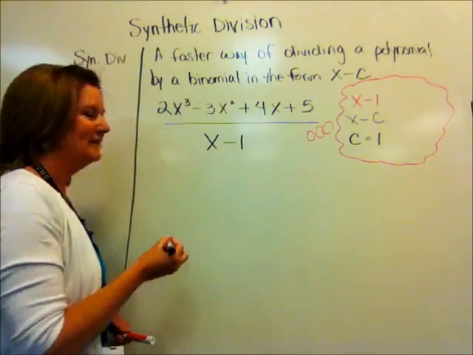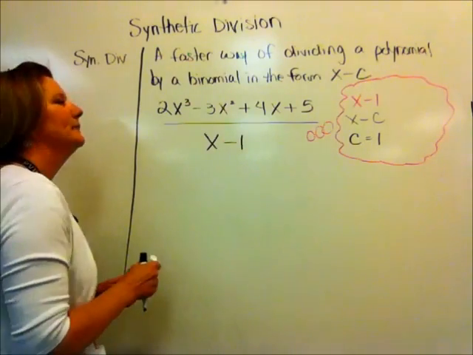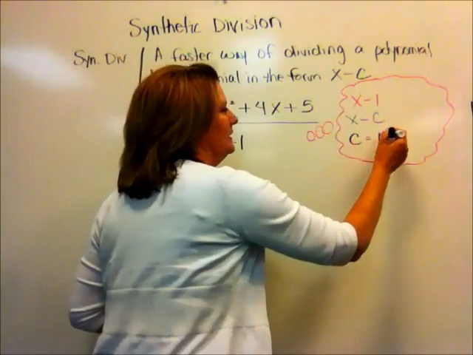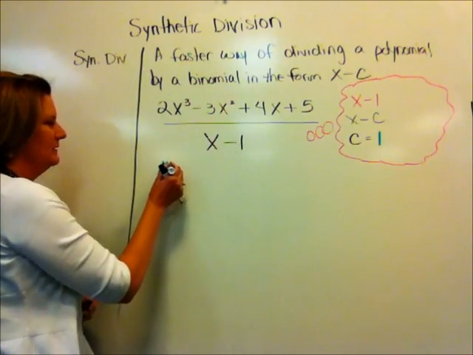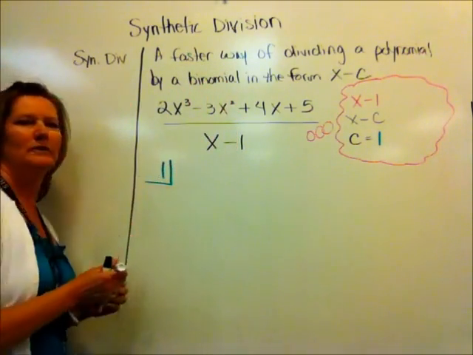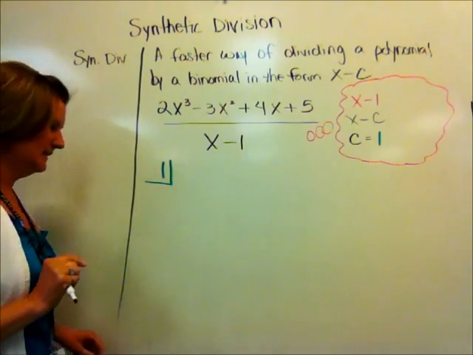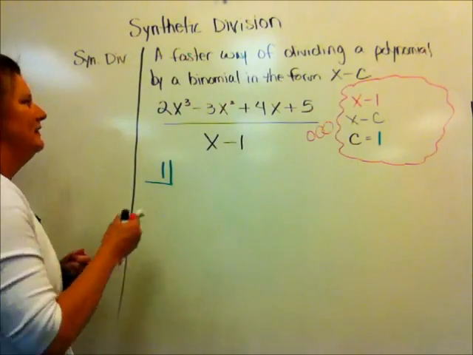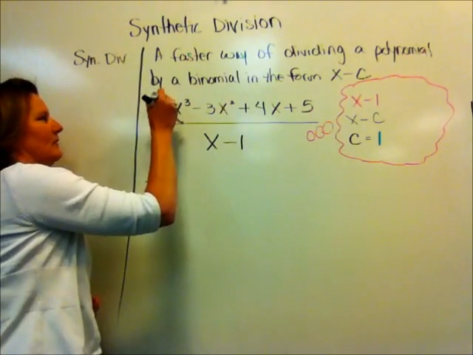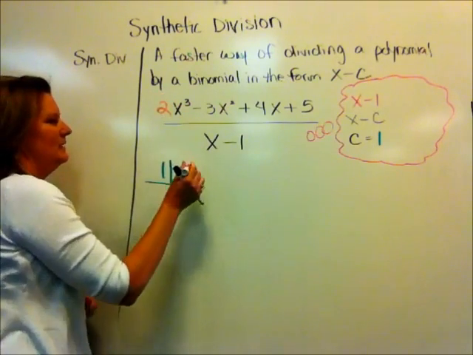It's a little crazy. Here is my 1, and I'm going to put it in green, in this little box in the corner. The next thing I'm going to do is take these numbers right up here, and I'm going to write them down.